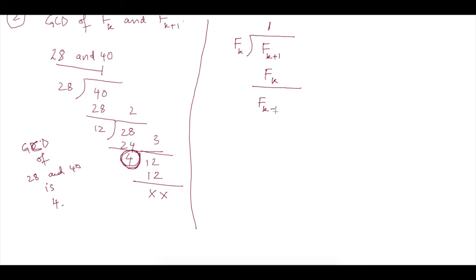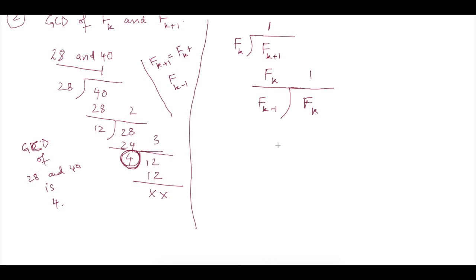Why? Because f of k plus 1 is equal to f of k plus f of k minus 1. Correct? So if I subtract these two, I get this term.